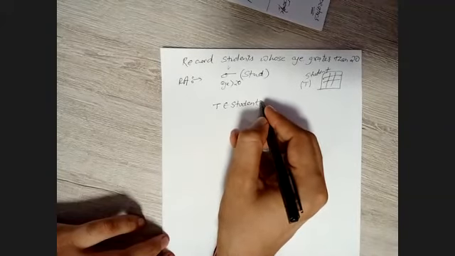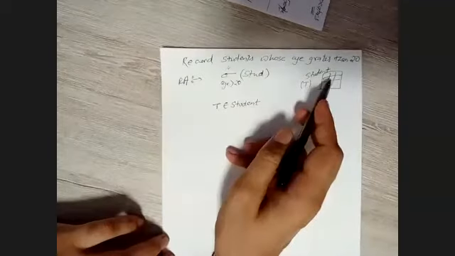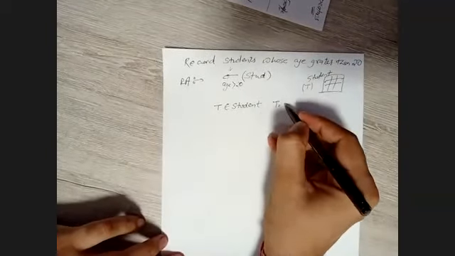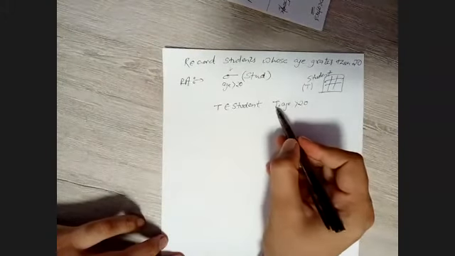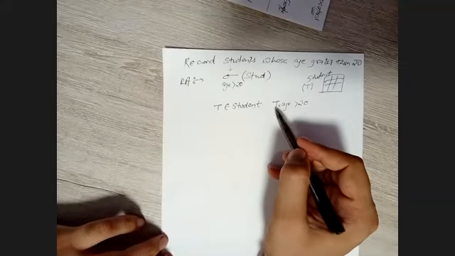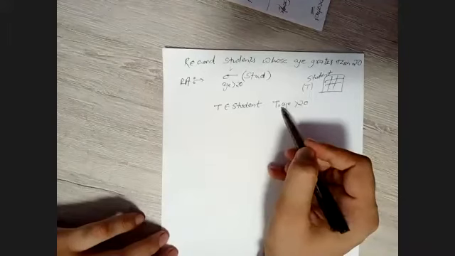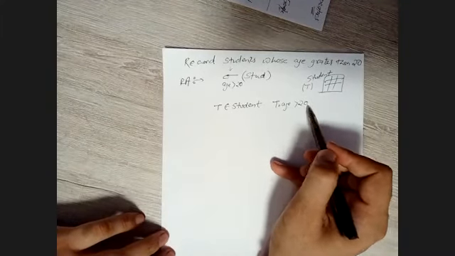It means that with the help of T, I can access the attributes of my student table. And what I actually want is T.age should be greater than 20. T is the instance of my table, a tuple variable, and T.age, the attribute, should be greater than 20.